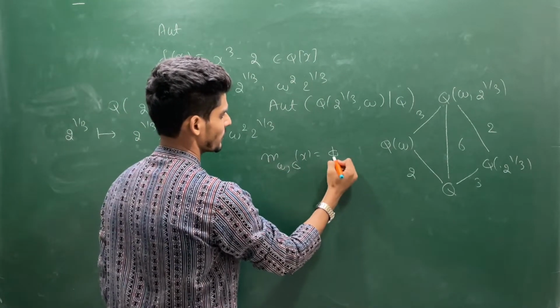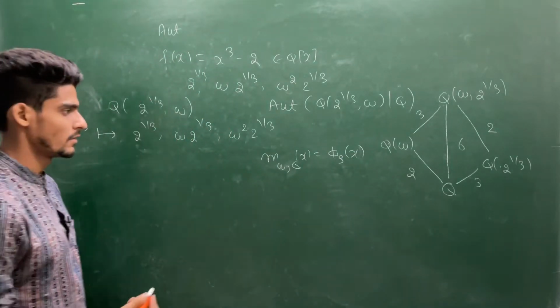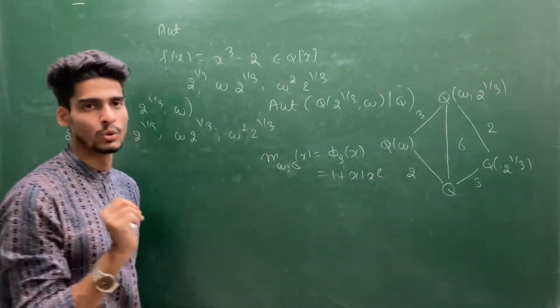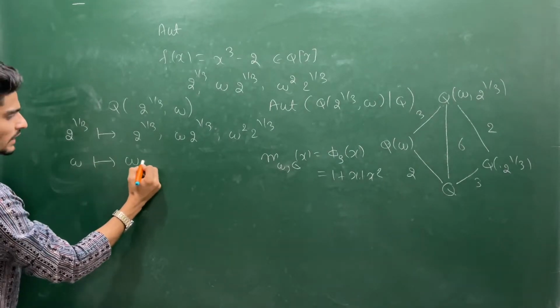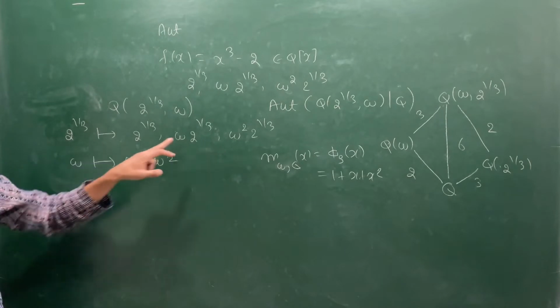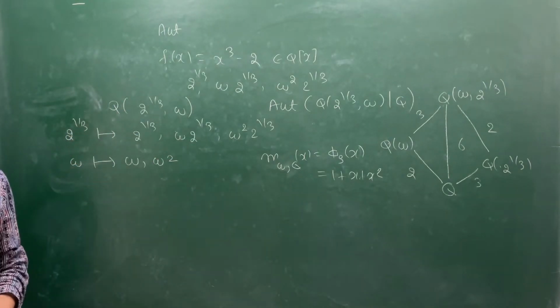It is nothing but the cyclotomic polynomial phi 3, which is nothing but 1 plus x plus x square. This has precisely two roots, omega and omega square. So this omega can go to either omega or omega square. So this has 3 choices, this has 2 choices. Both are independent. So there are precisely 6 automorphisms.